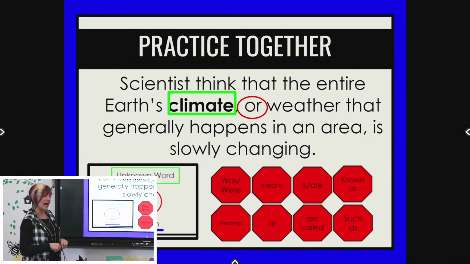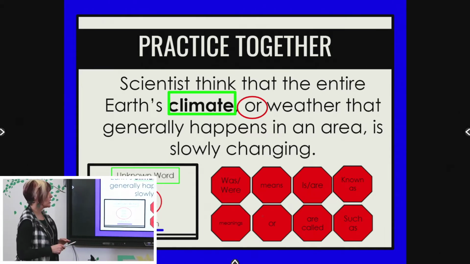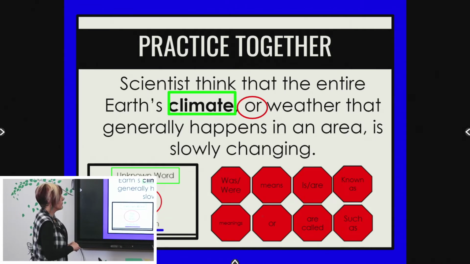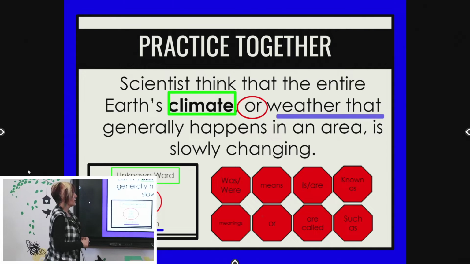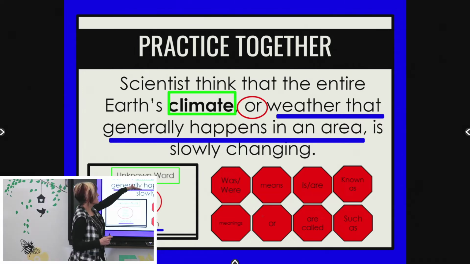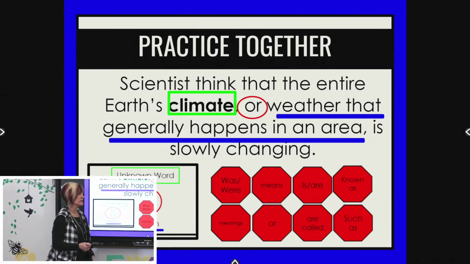Weather that generally happens in an area. That makes sense to me. Let's see. Scientists think that the entire Earth's weather that happens in an area is slowly changing. Notice that I replaced it. It made sense.